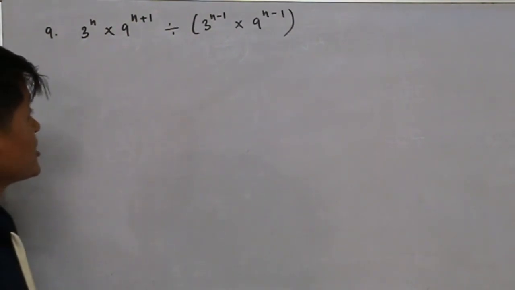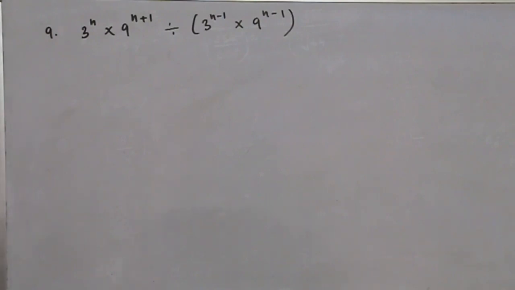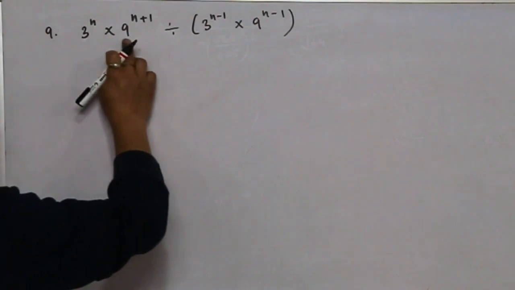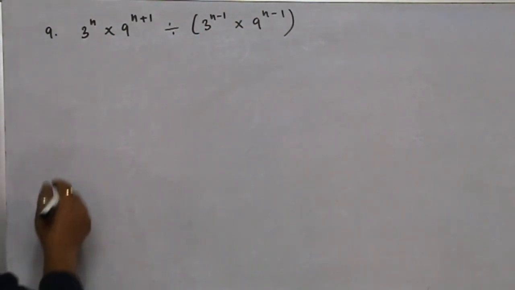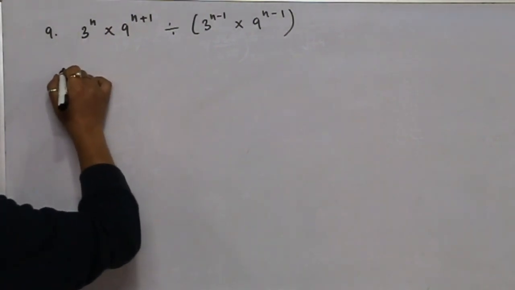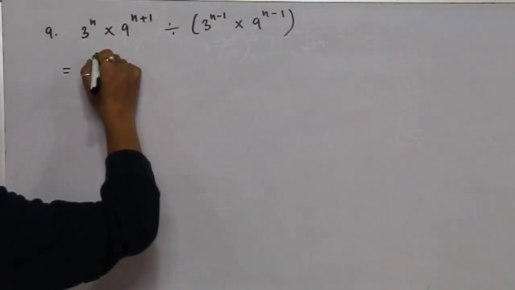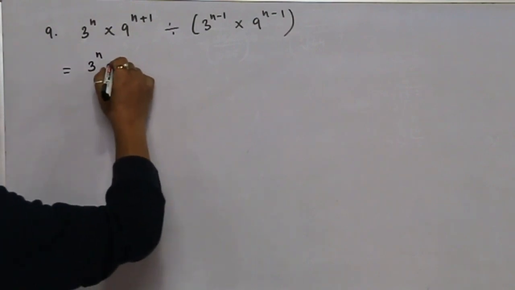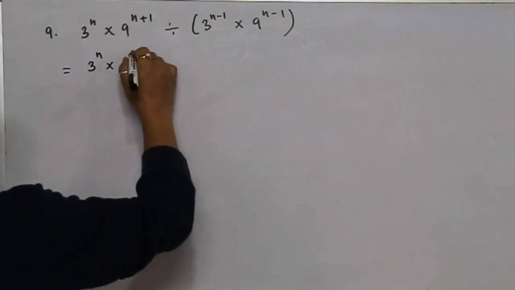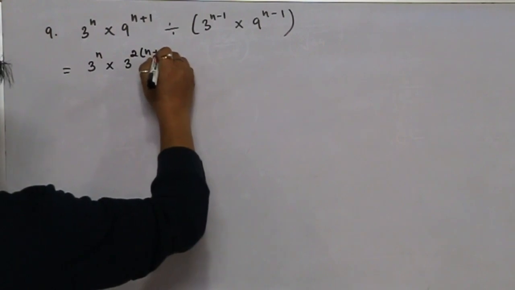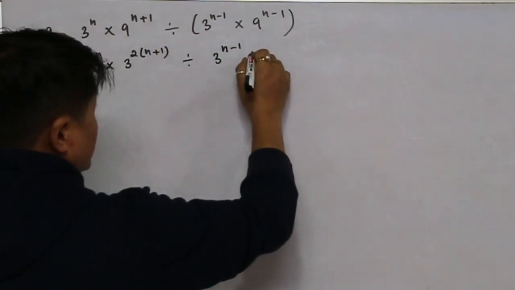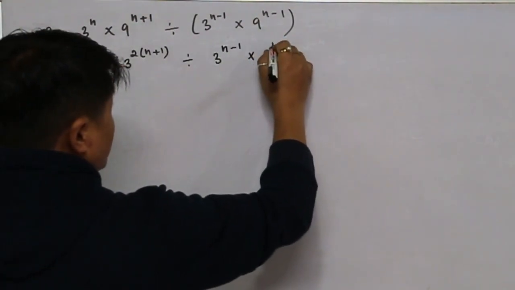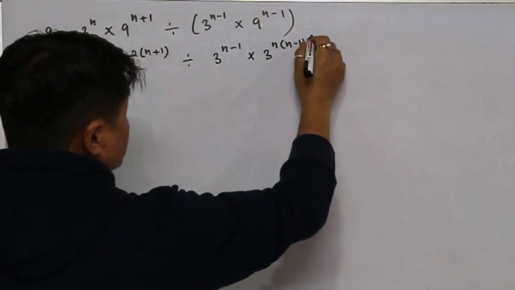3 to the power n minus 1 into 9 to the power n minus 1. So we'll try to make the bases same, which will be easy for us to solve. So this can be written as 3 to the power n into 3 to the power 2 n plus 1 divided by 3 to the power n minus 1 into 3 to the power 2 into n minus 1.